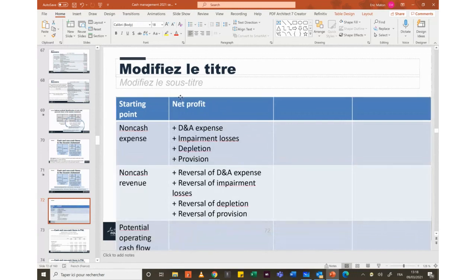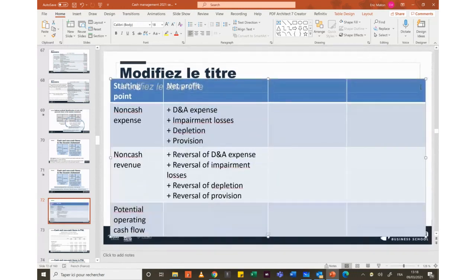But if you start from the EBITDA, in this case, you don't have the D&A expense, so you don't need the D&A expense. The question is, in the EBITDA, do you include or not the impairment losses?